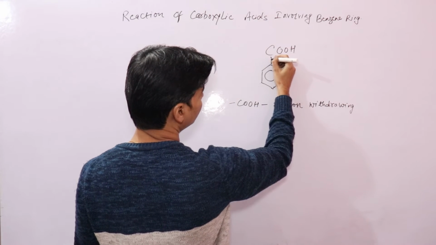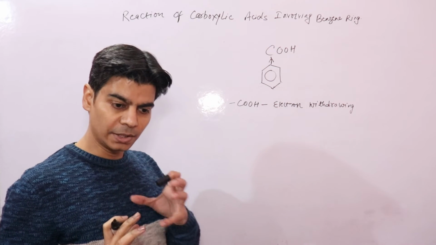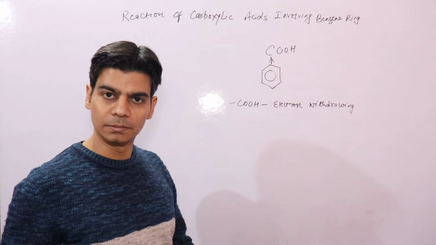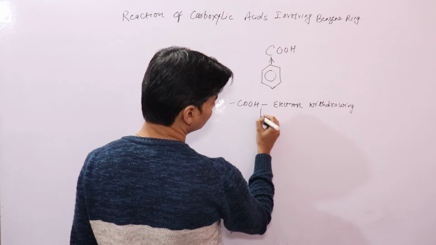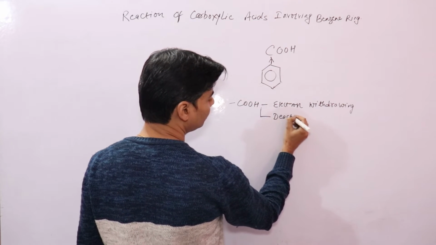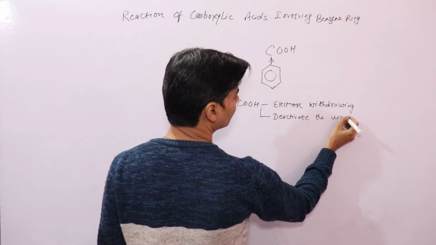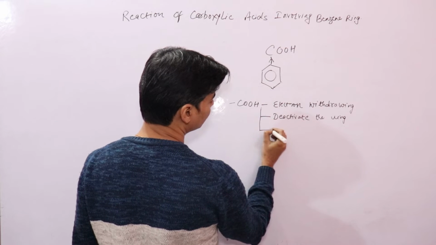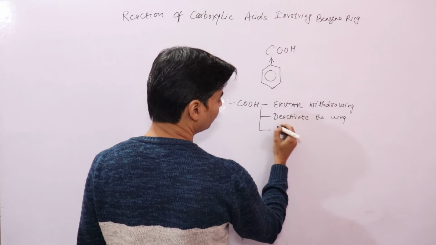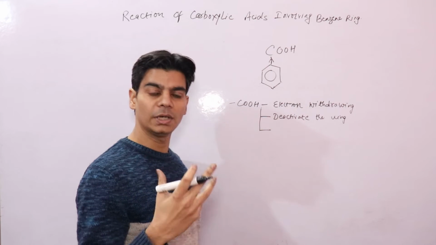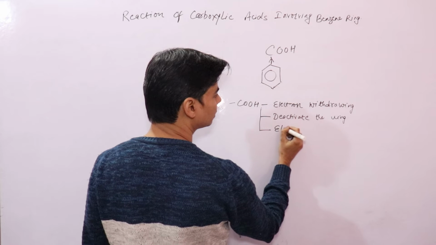right? So when it withdraws electrons, it will deactivate the ring. Since this is electron withdrawing, it will deactivate the ring, and it will also withdraw electrons towards itself, thereby making this ring electron deficient.